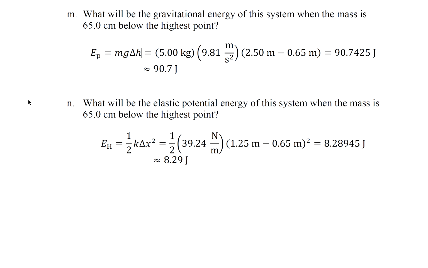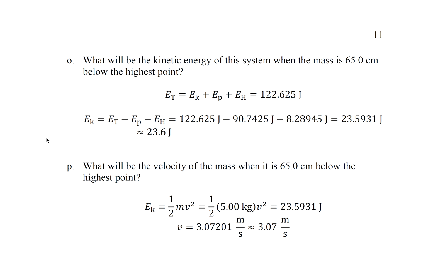Part N, what will be the elastic potential energy of the system when the mass is 65 centimeters below the highest point? We're going to use this equation. Part O, what will be the kinetic energy of the system when the mass is 65 centimeters below the highest point?